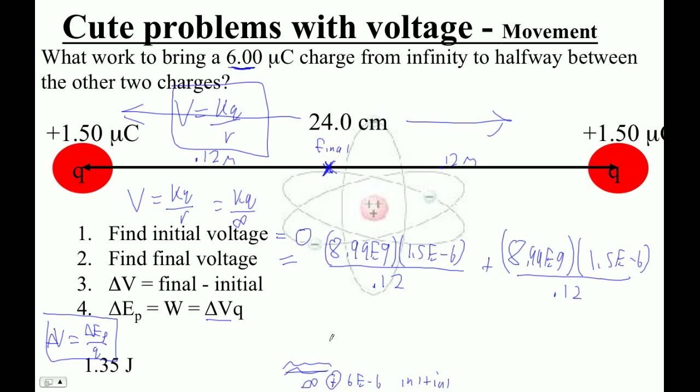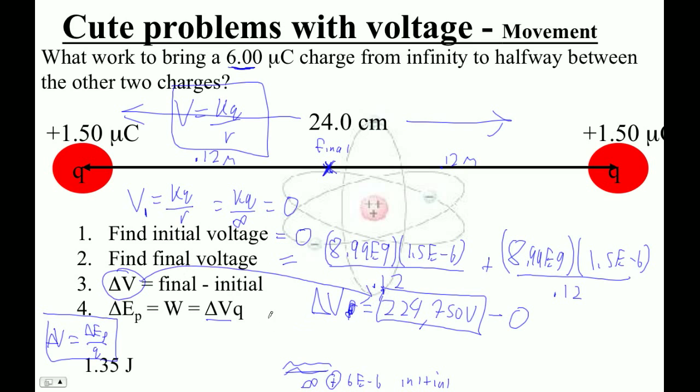Okay, so when I do this, I get, let me make sure I've got it right, I get that the voltage is 224,750. All right, that's our V final. V initial is 0, so final minus initial. So subtract 0, right? Our delta V is exactly this, 224,750, right? That's our delta V.